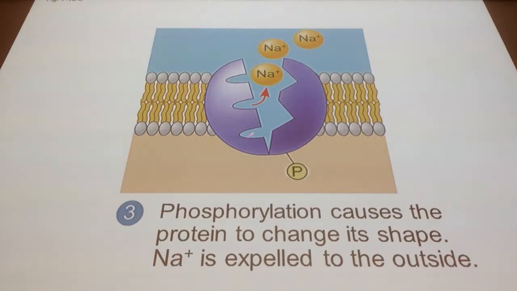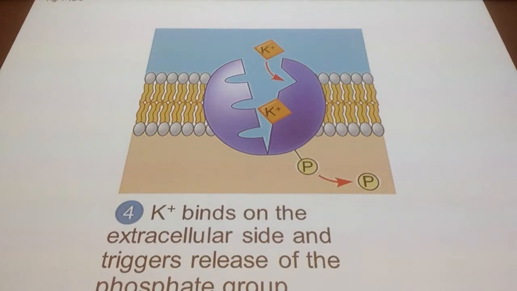So now in this conformation, the conformation of the binding site for sodium ion changed, thereby ejecting the sodium ions. At the same time, the conformation for the binding of potassium ion also changed, and it is now able to bind potassium ions.